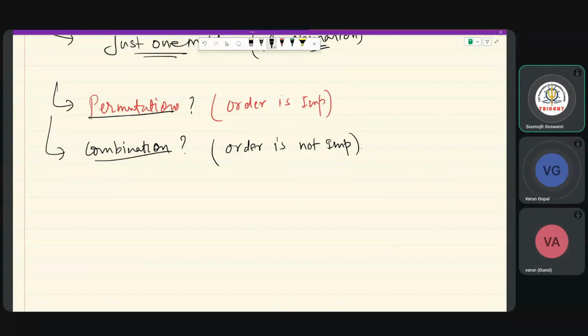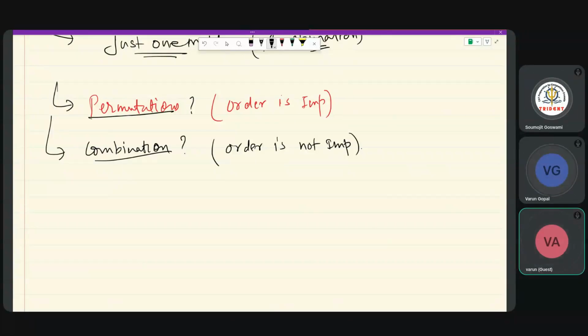That is why I keep on saying don't speak to answer. Speak first, think logically, and then answer. Order is, yeah, Varun? So order is kind of selection, right? No, no, no. Order is not selection.